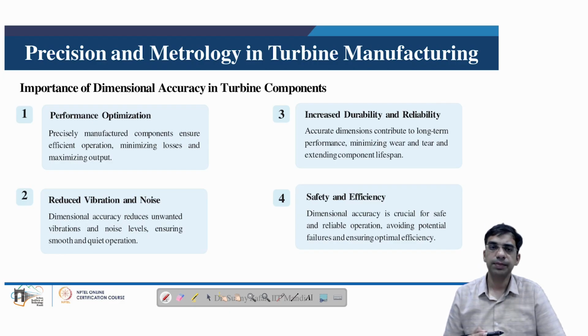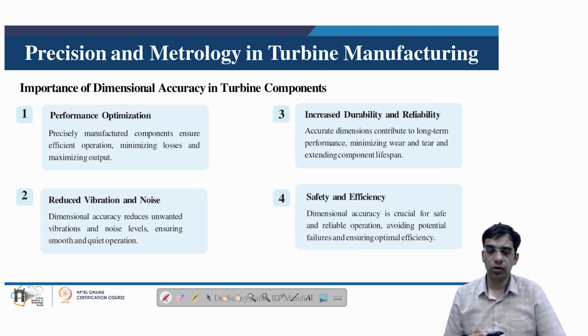The third important aspect of precision and metrology in turbine manufacturing is towards increasing the durability and reliability of such turbines. Accurate dimensions contribute towards long-term performance, minimizing wear and tear, and extending the component lifespan of the turbines.